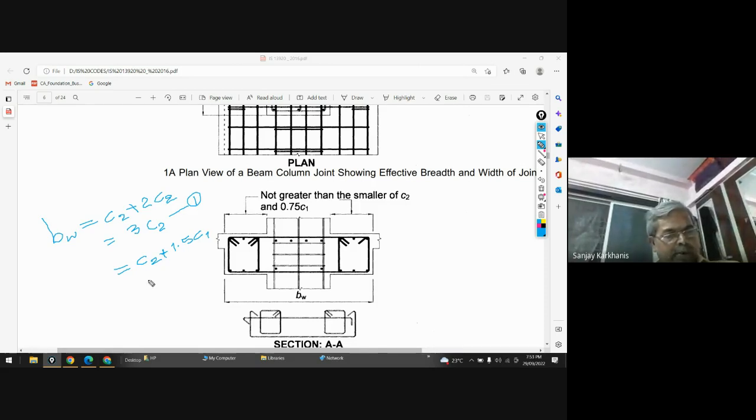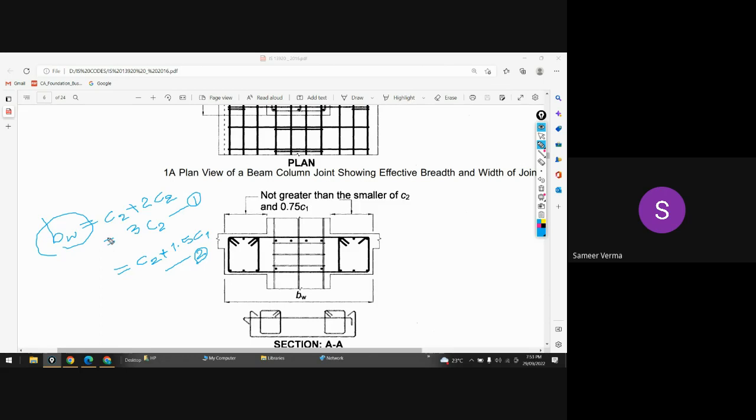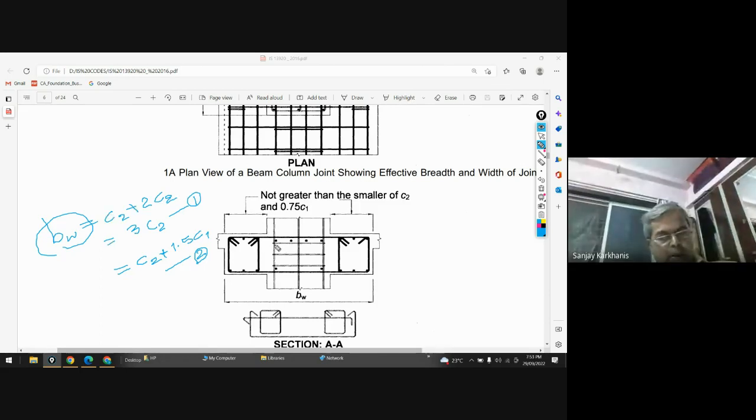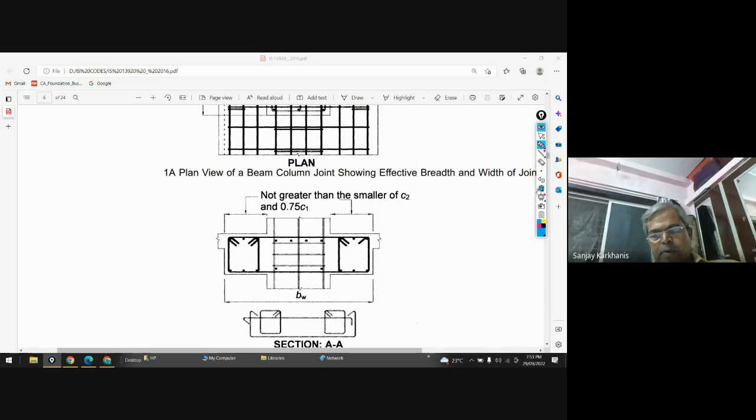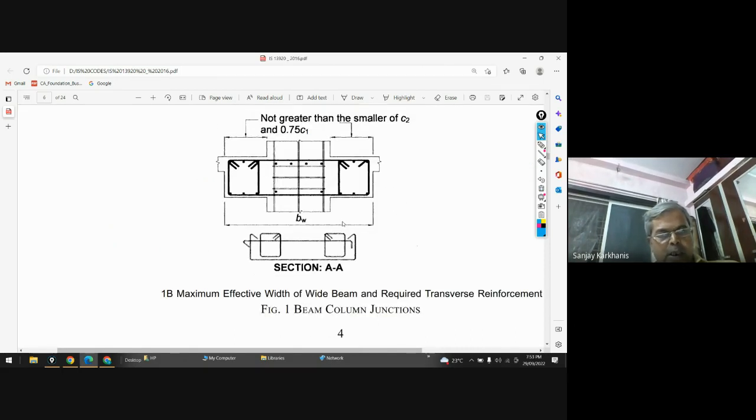This is your second calculation, and the lesser of the first and second will be your BW. Okay, clear? Clear, sir. But when you have this, then you must go for this detailing. And now you can understand the reading. Okay, let's see what he is saying.